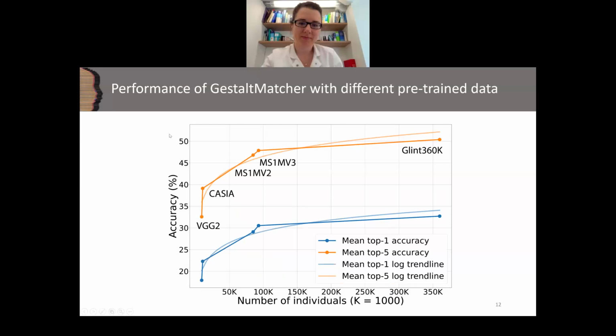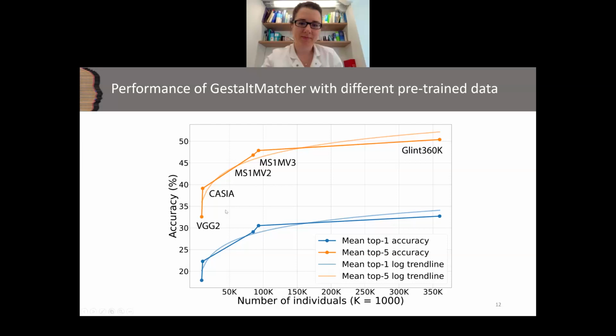We try VGG Face 2, VGG2, Hsieh, and also Glean's 360K, which has around 350,000 patients, or not patients, sorry, 350,000 individuals.